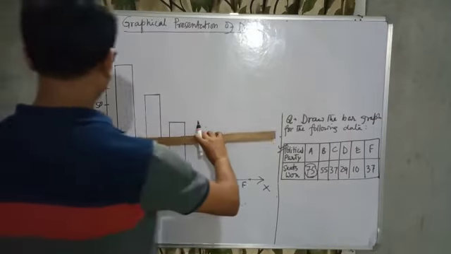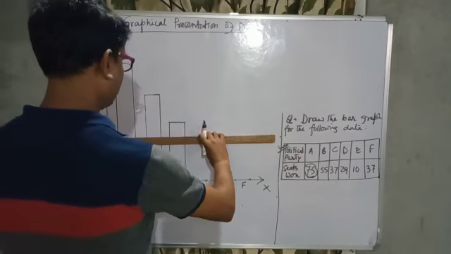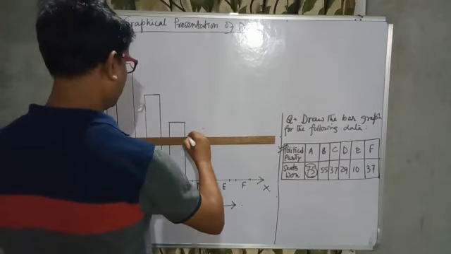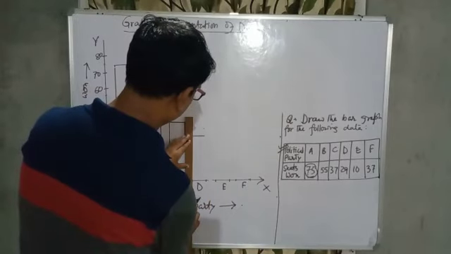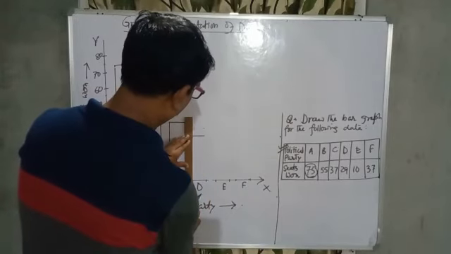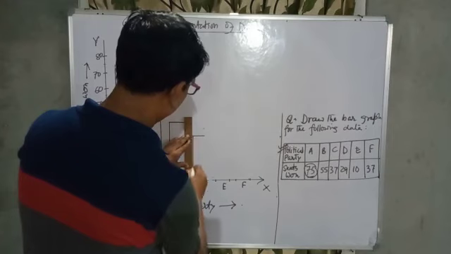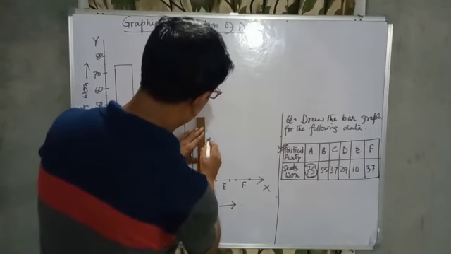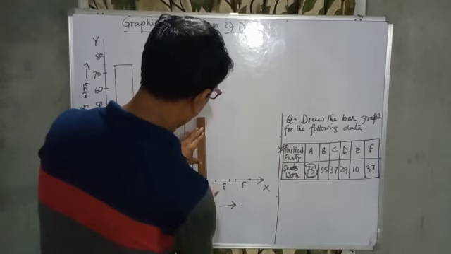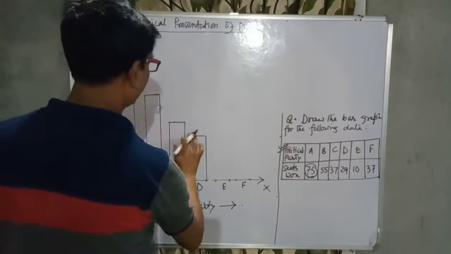Next, D is 29. Be careful when drawing the lines, and the bars should be parallel rectangles, not slanting toward each other, with the same length and the same breadth.